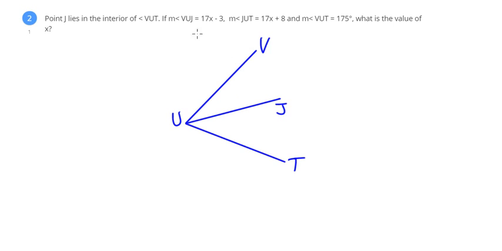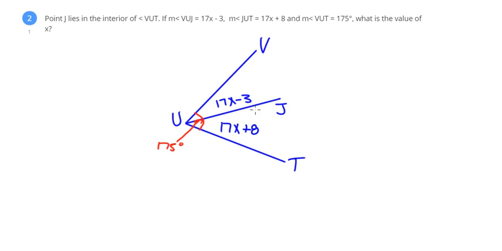If the measure of angle VUJ is 17x minus 3 and JUT is 17x plus 8, and the measure of angle VUT, this whole angle, is 175 degrees, what is the value of x?